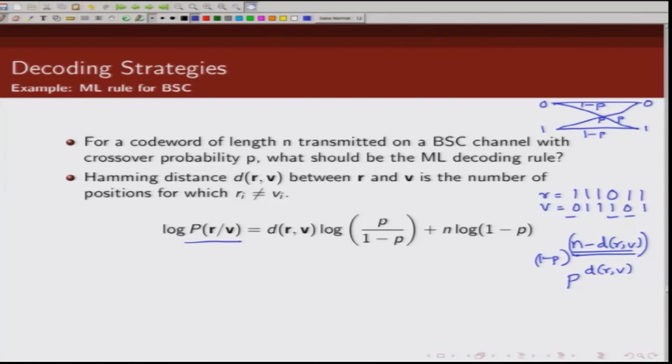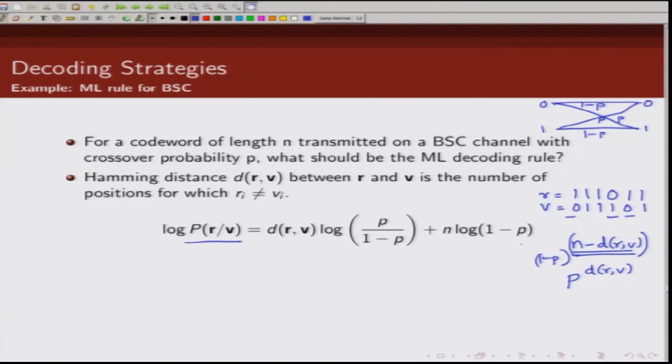Now, if we take log on both sides, this becomes (n minus d) log of (1 minus p) plus d times log of p. Now, we take the terms containing d(R,V) out. So, what we get is d(R,V) log of p by (1 minus p) plus n times log of (1 minus p).